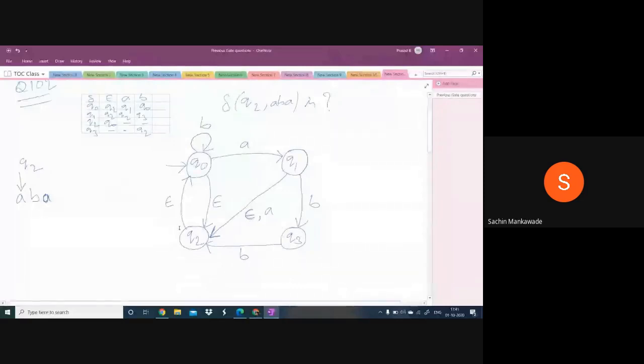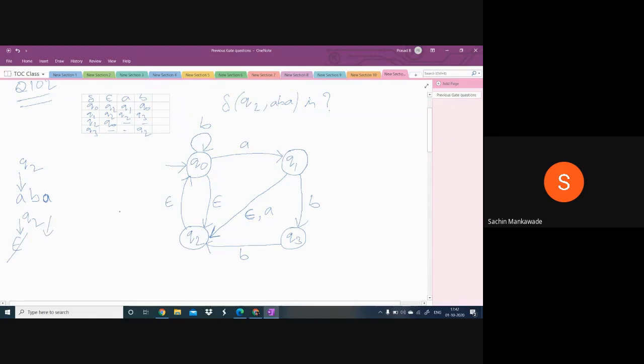Look at this. From Q2, there is an epsilon move to Q0. Means the machine can freely move, I told you, epsilon move. It's like traveling without a ticket, free transport. So if the machine is in Q2, it freely moves to Q0 first.